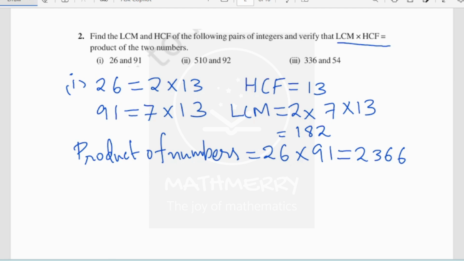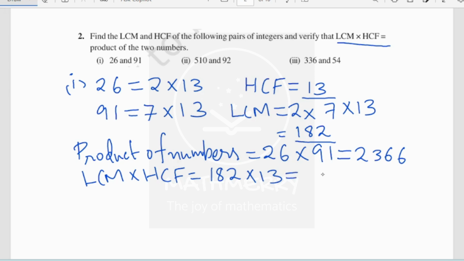Now we have to multiply LCM into HCF. So we have to find out what is LCM into HCF. So this will be equal to what? We got LCM as 182 and HCF as 13. So 182 into 13, when we multiply, here we get the same, 2366.